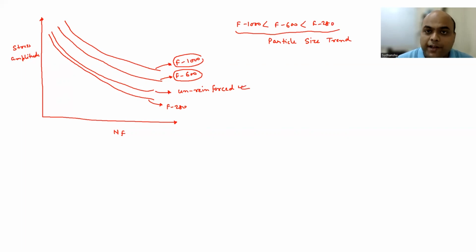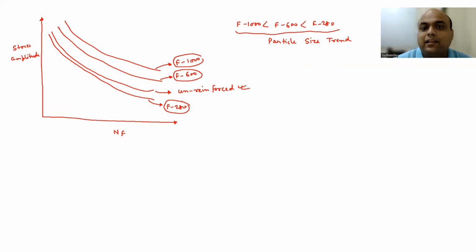Okay. However, you have to know that if you increase the particle size beyond a certain limit, then your fatigue property is going to deteriorate. And you can see the F280 has much fewer cycles to failure as compared to the unreinforced as well as the F1000 and F600 composites.